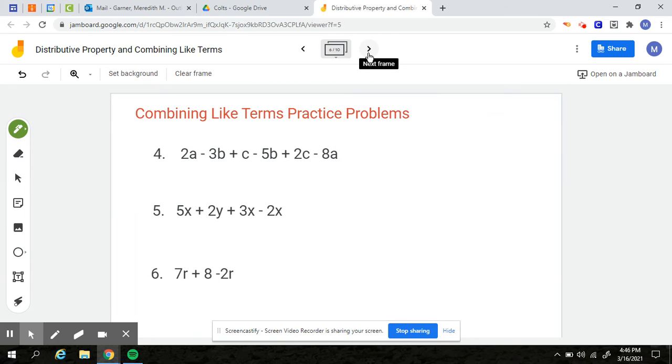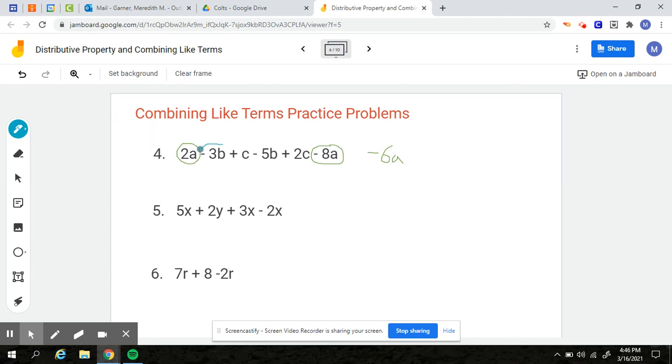All right, next slide, we've got 3 more examples here. So this first one, I see I have 3 variables, A, B, and C. So I'm going to have 3 piles. So 2A is going to combine with the -8A, right? They both have the variable A. So 2 plus -8 or 2 minus 8, doesn't matter, will give you -6A.